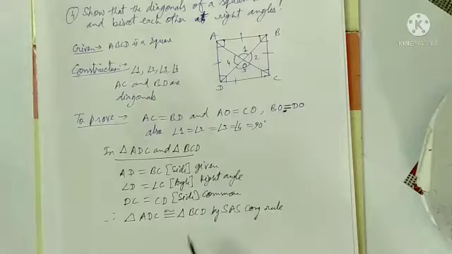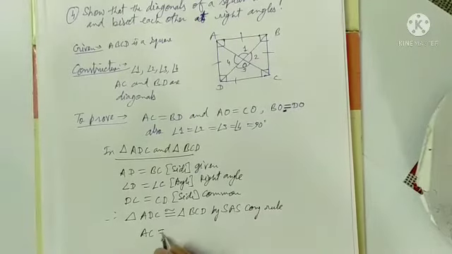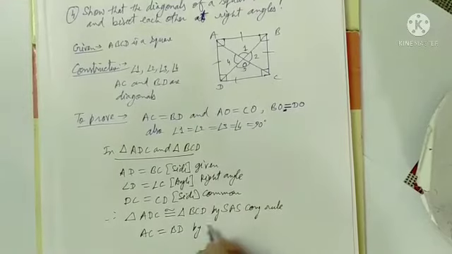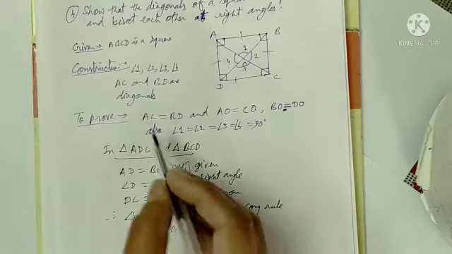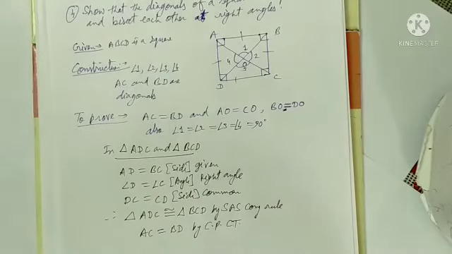If both triangles are congruent by SAS rule, we can say AC is equal to BD by CPCT. It means we have proved the first part, AC is equal to BD.